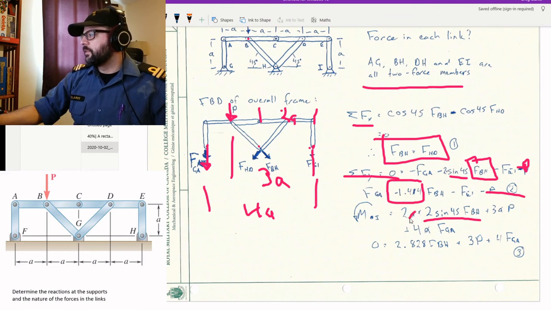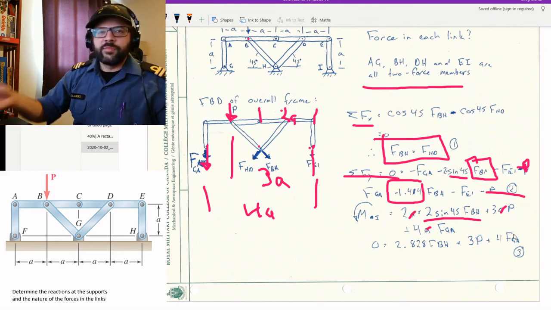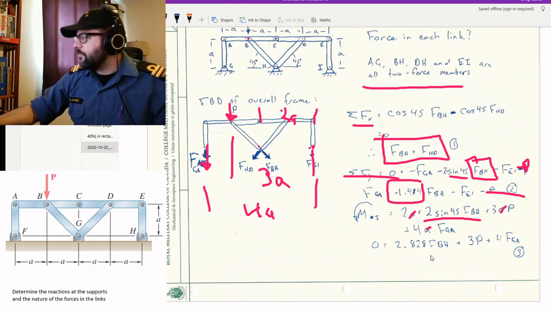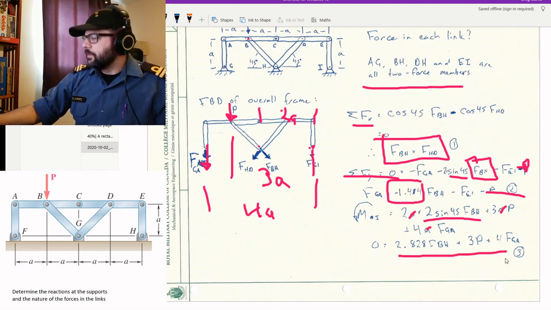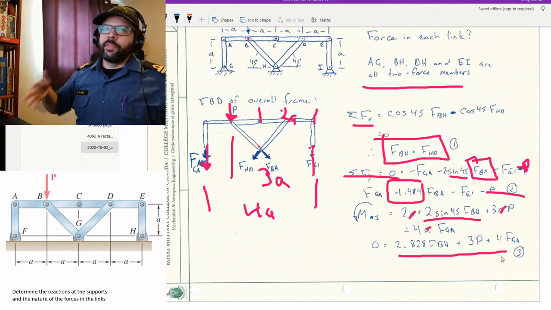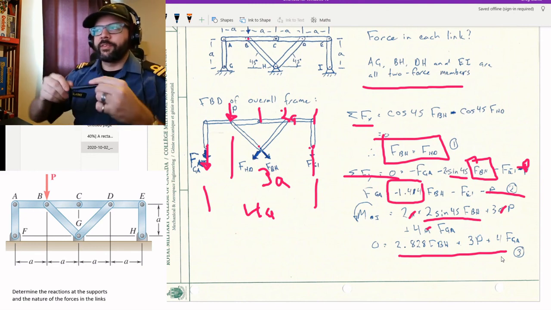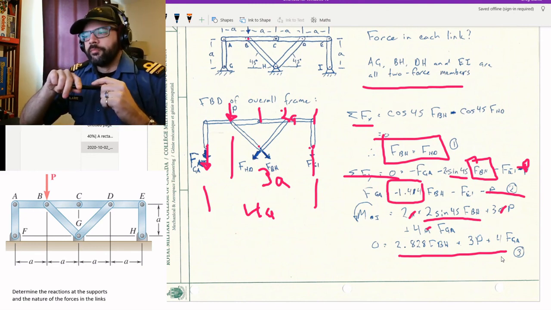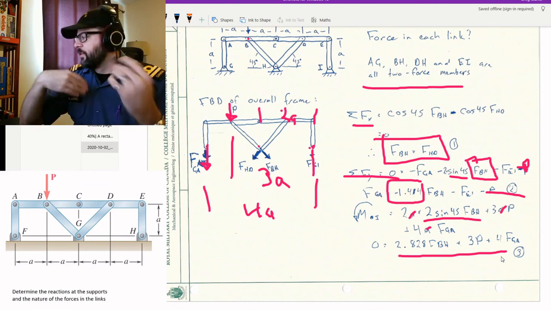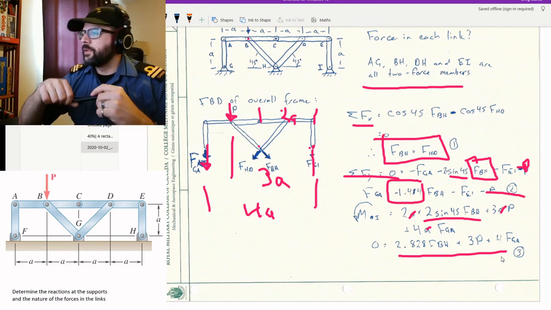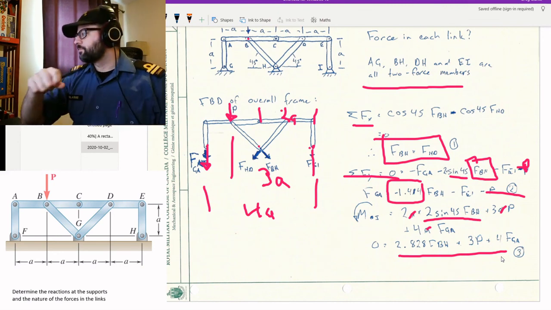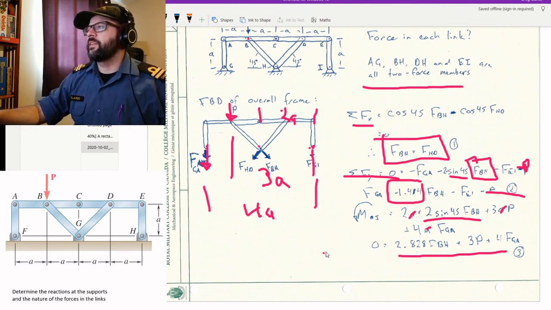And then I just cancel out all the a's, divided by a, they go away. And that gives us this relationship here. So, all right, that's our three equations if we're just looking at the frame itself as a rigid body. Not all that useful, right? So we're gonna have to do something else. Kind of at a dead end at this point.